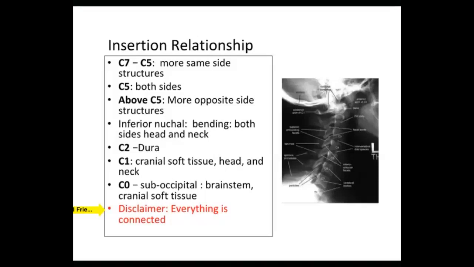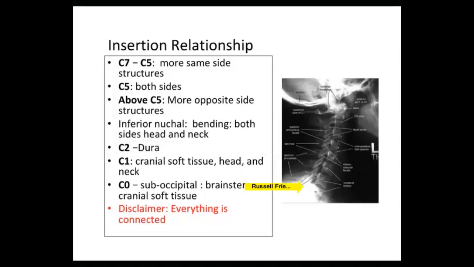So C7 to C5, down in this area, I work a lot of the structures on that same side. When I come down into C7 to C5 with the right side up, I am working that shoulder and all the way down into that pelvis.